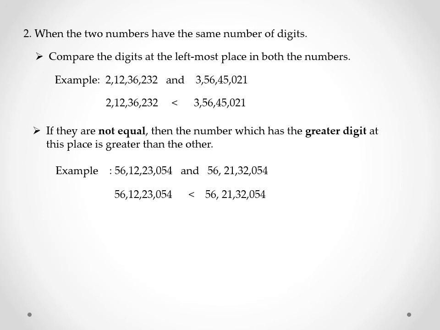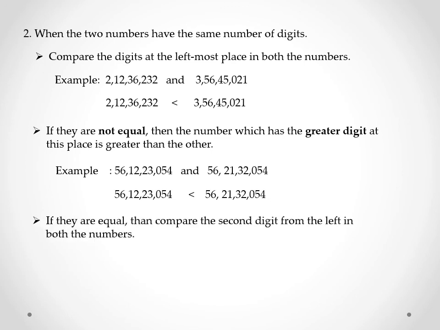We can also say 56 crore 21 lakh 32,054 is greater than 56 crore 12 lakh 23,054. You can continue this process until we come across an unequal digit at the corresponding places.